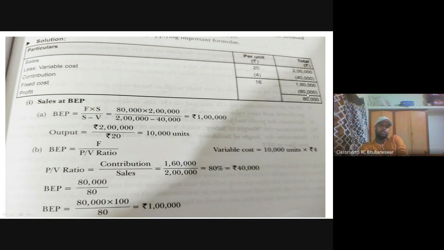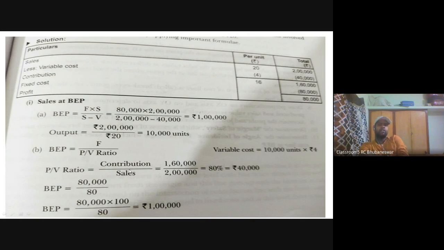So fixed cost will not change. So 80,000 minus 80,000. What is left? Nil or 0. So in this way, you can justify whether whatever amount I had got is the correct one or not. Okay. So here, BEP also you can find out by applying the formula, the fixed cost divided by PV ratio. PV ratio, how to find out the PV ratio?